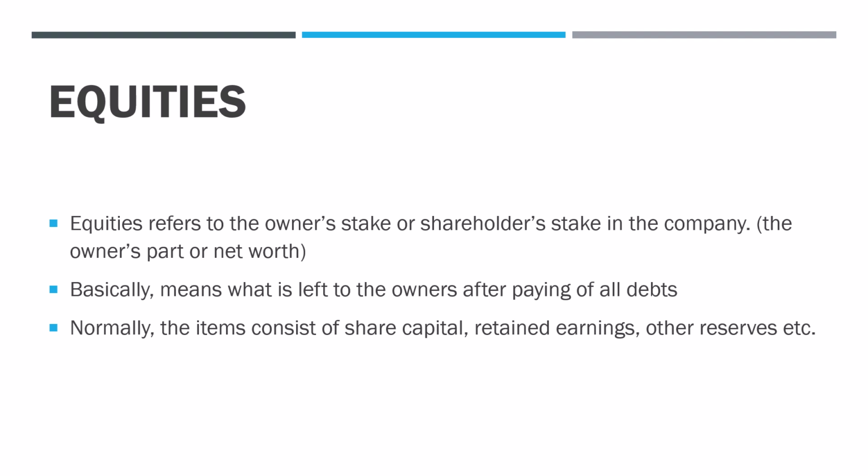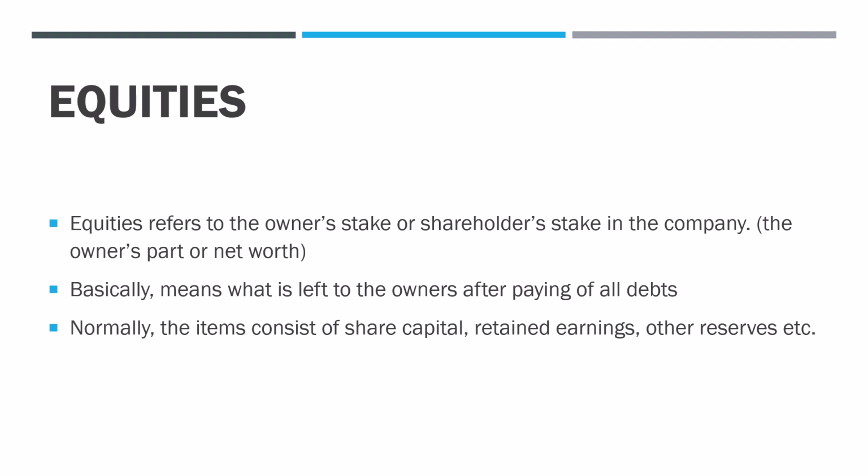So to summarize, the statement of financial position has three core parts. Assets refers to what the company owns. Liabilities refers to what the company owes. And equities is what belongs to the owners after all the debts are paid.